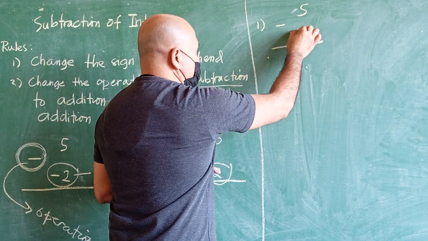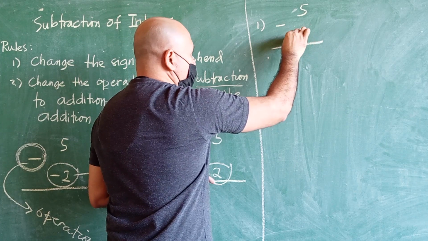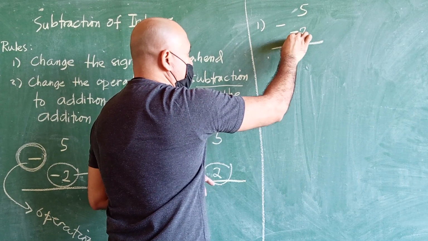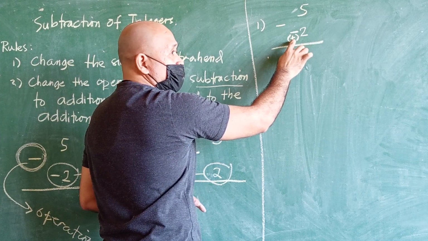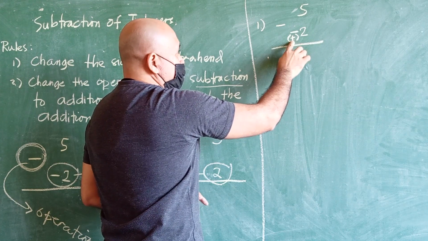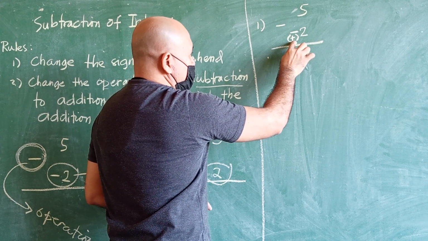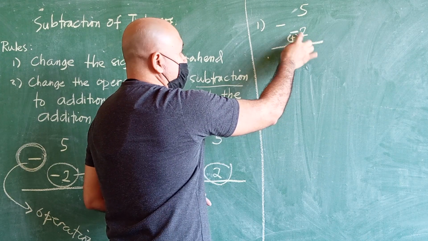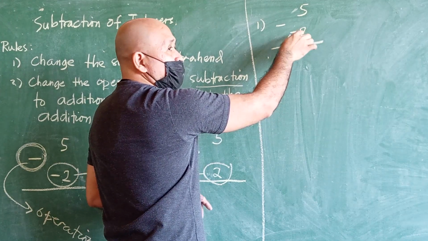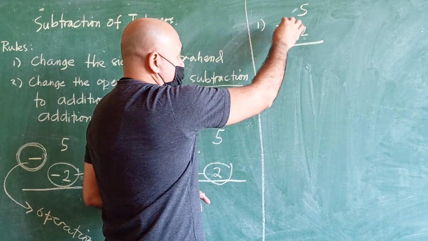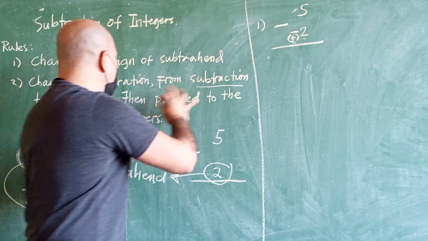Since the given is negative, then it will become positive. You place positive inside the parentheses to denote that this is now the new sign of the subtrahend, while this negative is the original sign. Then after that, proceed to rule number 2.